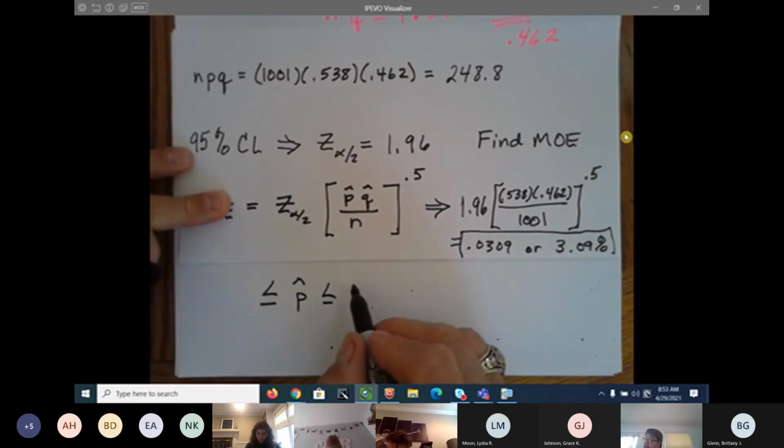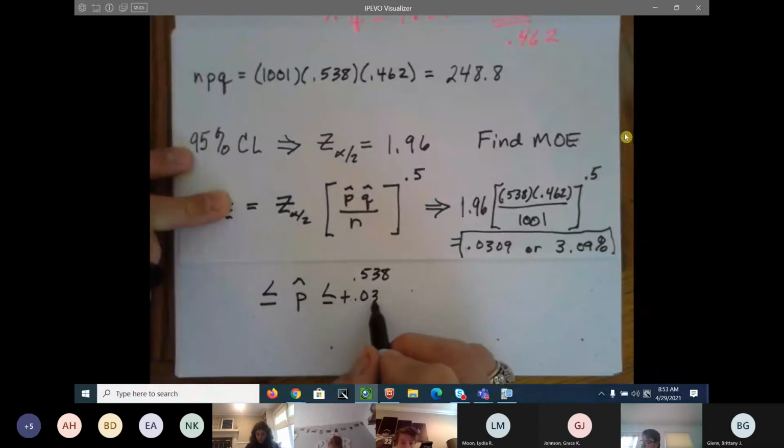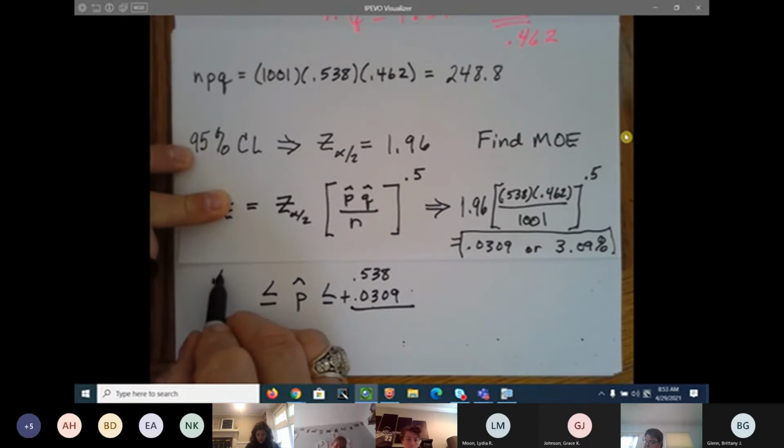So that's going to be 0.538 plus 0.0309. And what do we do on the left side? Do we add or subtract? Subtract.